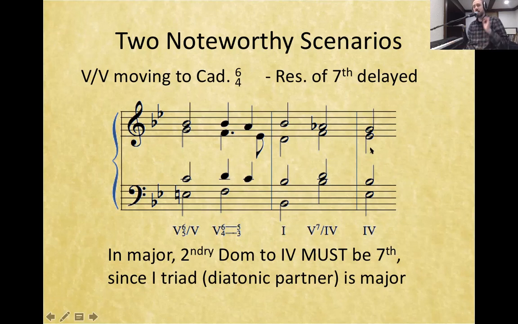So to make this a chromatic chord, to make this a secondary dominant chord, we need to make sure that we have the lowered 7th. We need this to be a dominant 7th chord, major triad with a minor 7th on top, to ensure that this is a chromatic harmony.